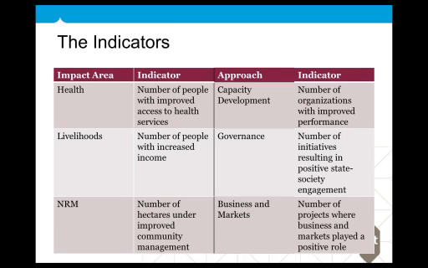The natural resources management indicator is number of hectares under improved community management. The capacity development indicator is number of organizations with improved performance. The governance indicator is number of initiatives resulting in positive state society engagement. And the business and markets indicator is number of projects where business and markets played a positive role.